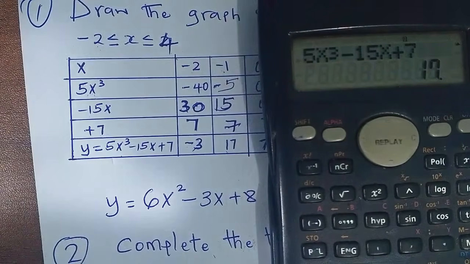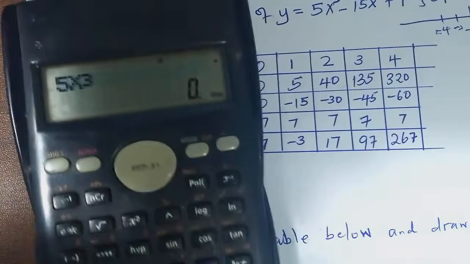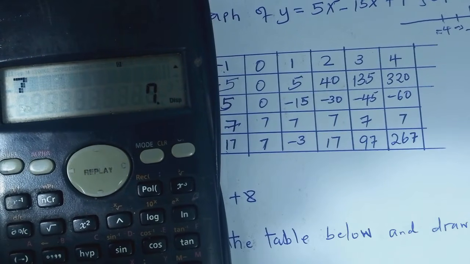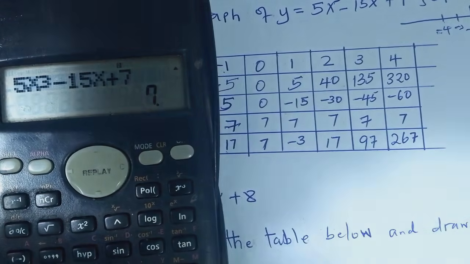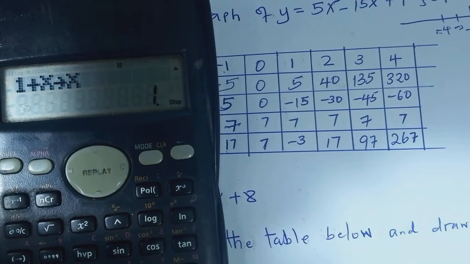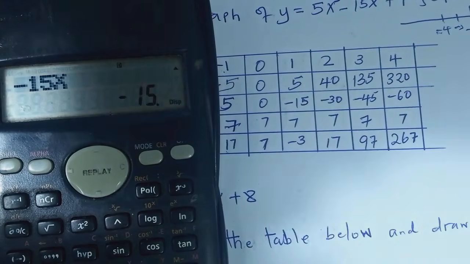So continue pressing equal sign. When x is 0, these ones will be 0, 0, and then the function will be 7, as you can see here. When x is 1, the first function, that is 5x cubed, will be 5, 15, 7, then negative 3.